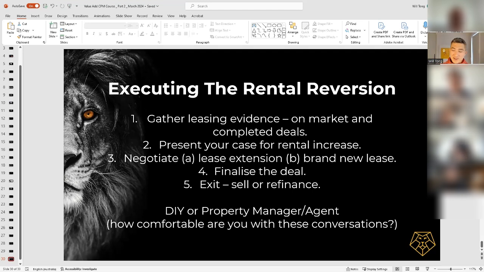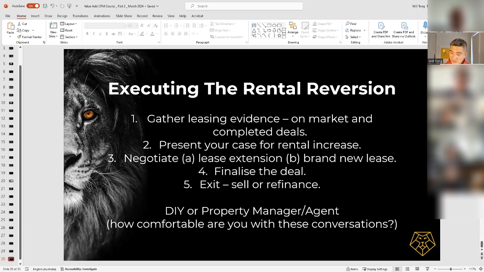And sometimes, funny enough, this is all a relationship game as well. Sometimes the agent who sold you the property might already have a really good relationship with the tenant, because maybe that agent put the tenant in there.